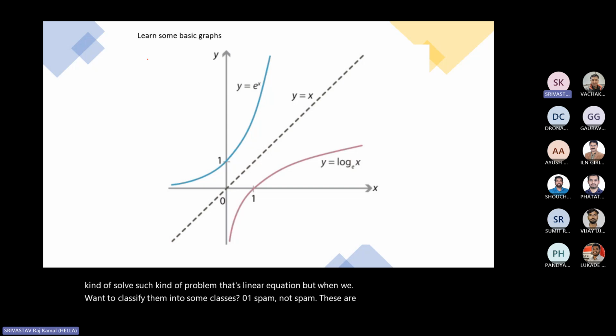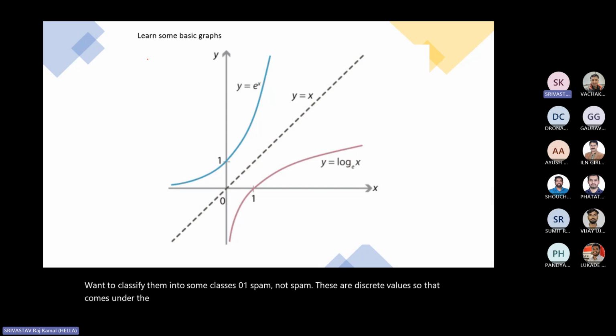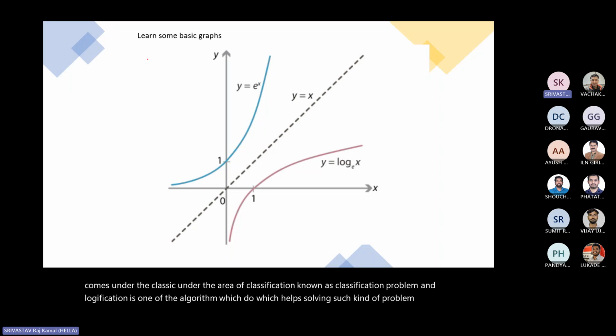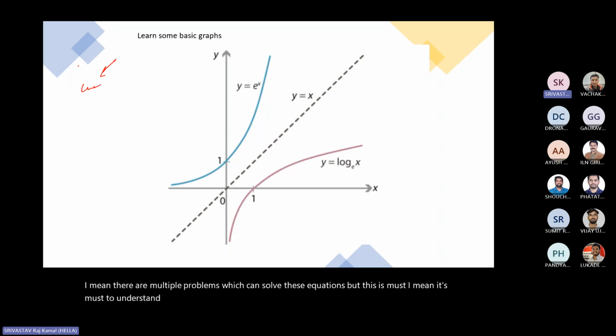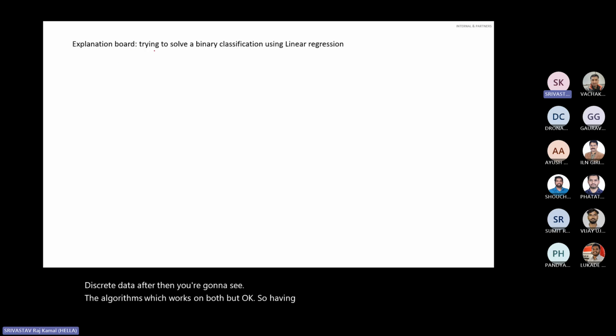That comes under the area of classification problems, and logistic regression is one of the algorithms which helps solve such problems. It's a must to understand linear regression for continuous data and logistic regression for discrete data. After that, you will see algorithms which work on both.